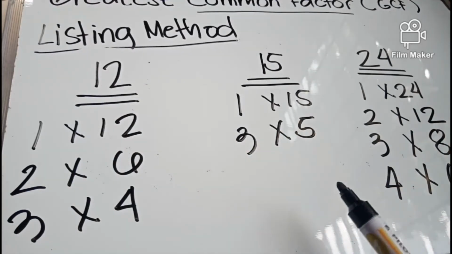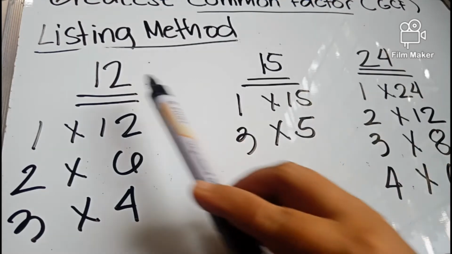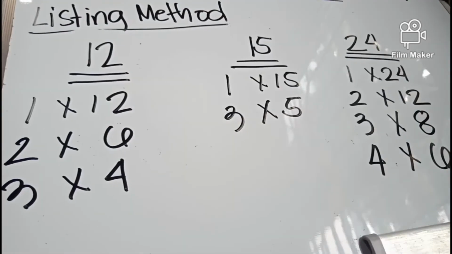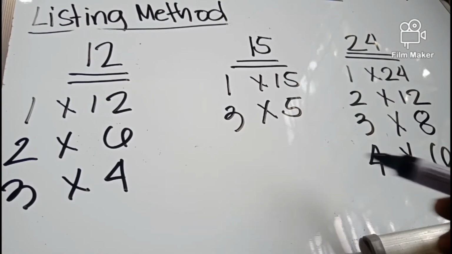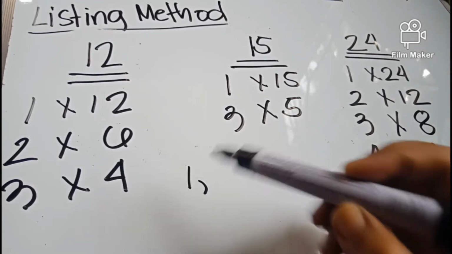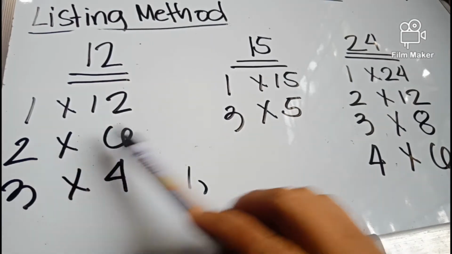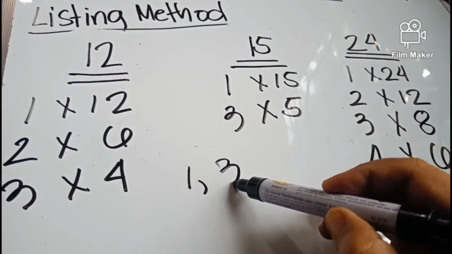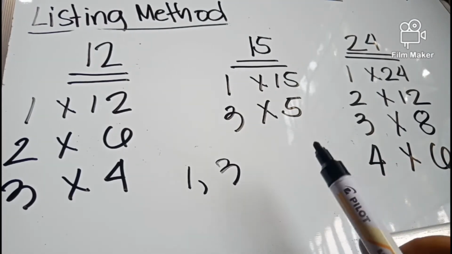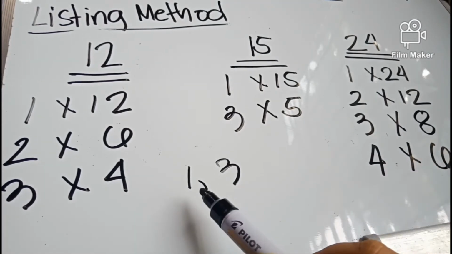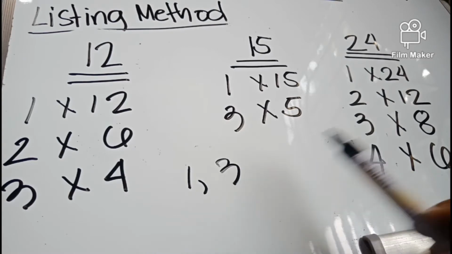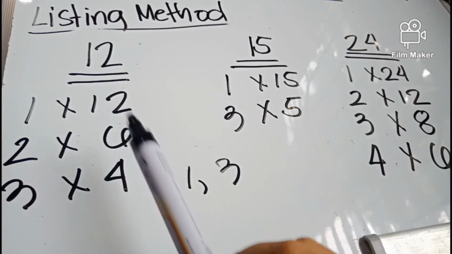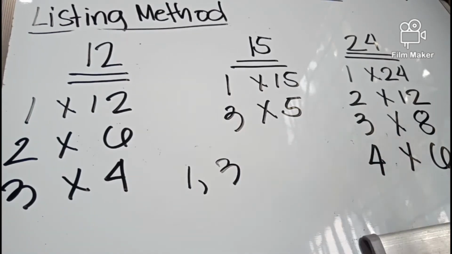Now, hahanapin natin ang common factors ng 12, 15, and 24. So, ang first common nila ay number 1. Next is 3. So, ang common factors nila ay 1 and 3. Wala nang ibang common sa kanilang tatlo or wala nang ibang parehong factors sa kanilang tatlo.